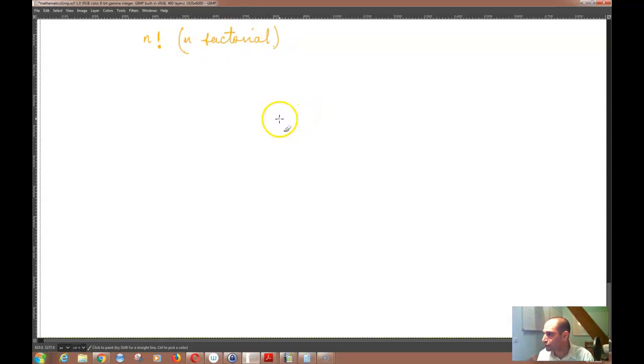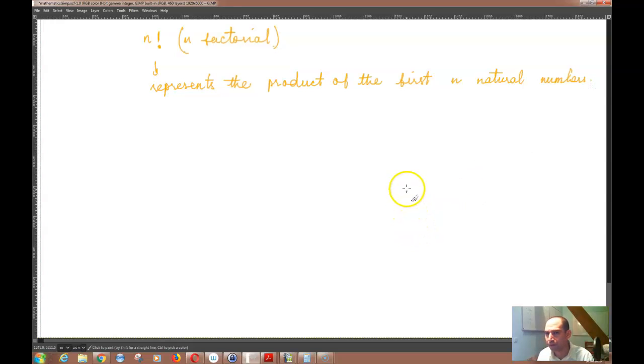represents the product of the first n natural numbers.